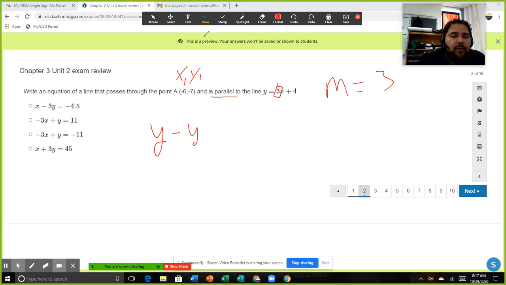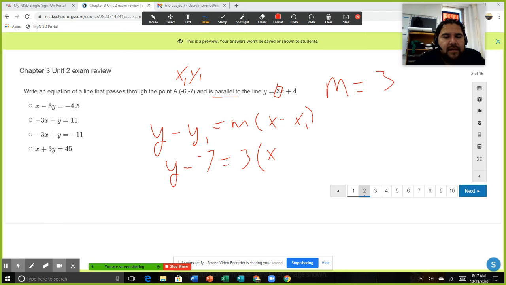So we're going to use that same formula: y minus y1 equals m times x minus x1. And you guys can find these formulas on your formula chart inside the resource folder, okay? So go ahead and plug this in. We have y minus -7 equals 3 times x minus -6. Don't forget to do your change, right? That's actually y plus 7.